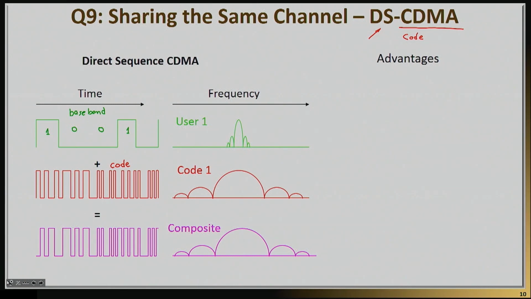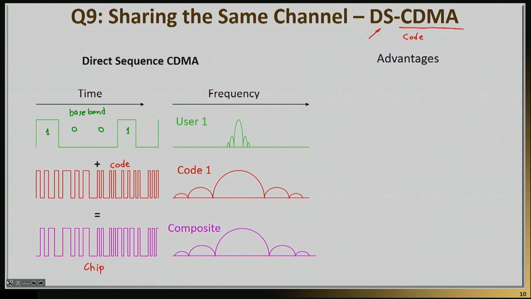You decide this code, but it looks to an external user who does not know it like a totally random sequence of bits. If you multiply the green waveform with the red one, you get this purple waveform, which we call the chip. It's that chip that gets transmitted through the antenna.